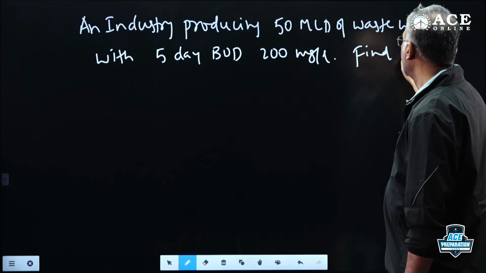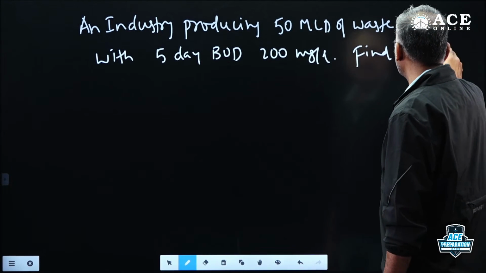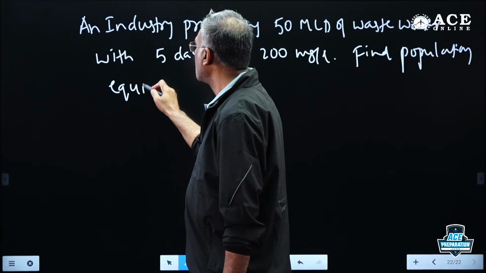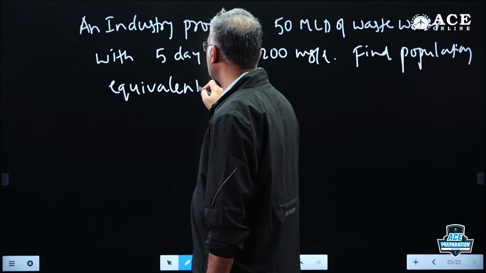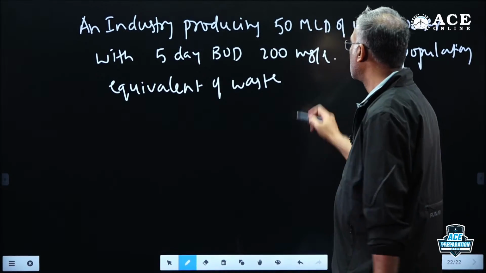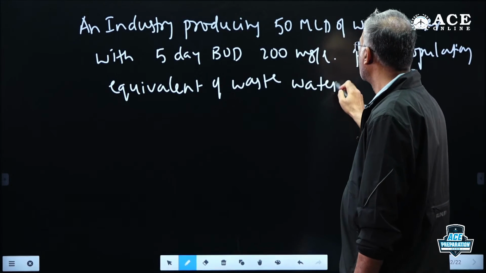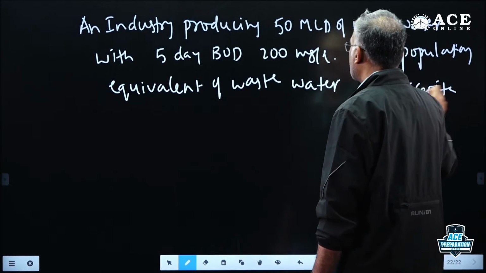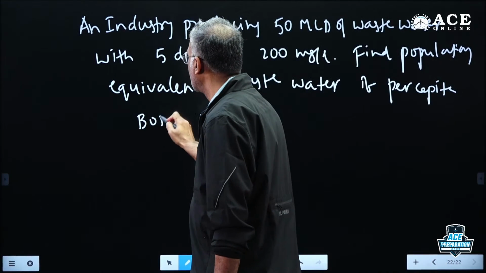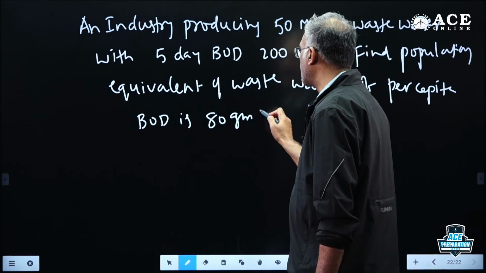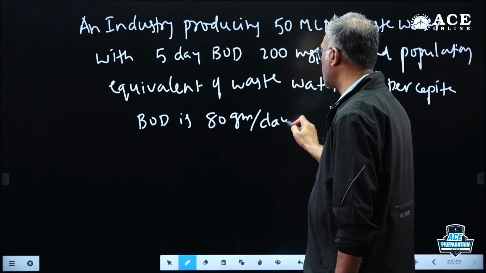Find the population equivalent of the waste, if the per capita BOD is 80 grams per person per day. Like that they express it.